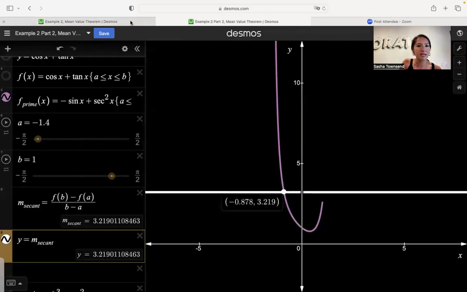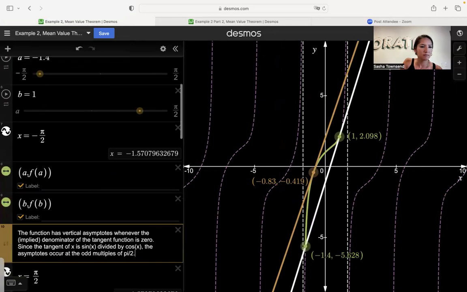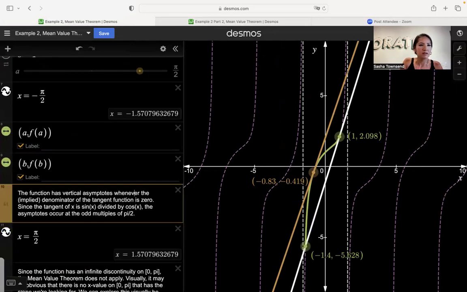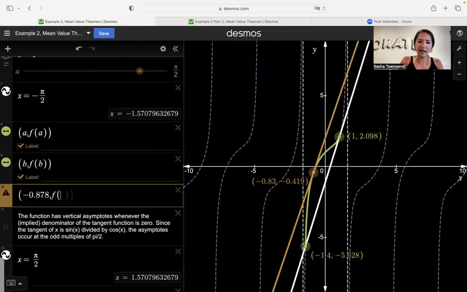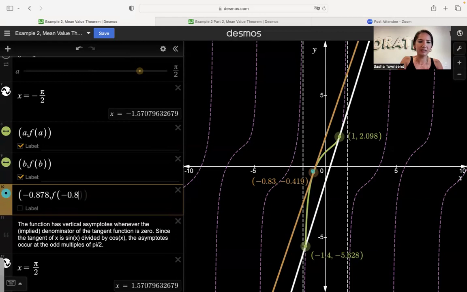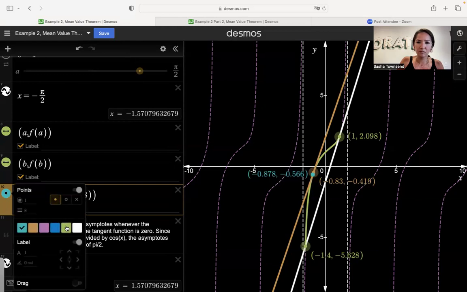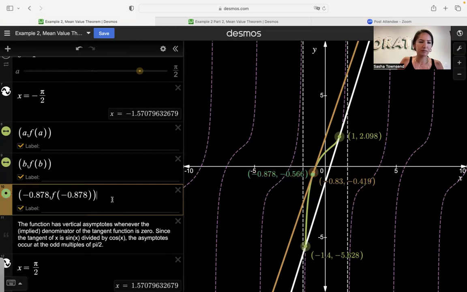So let's plot the point negative 0.878 and f evaluated at negative 0.878. And then graph the tangent line there.